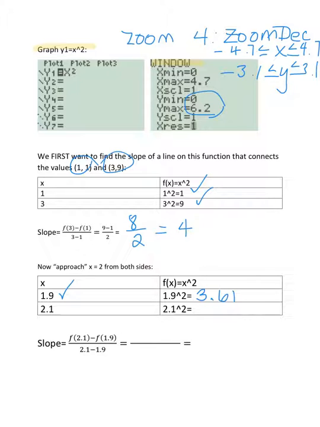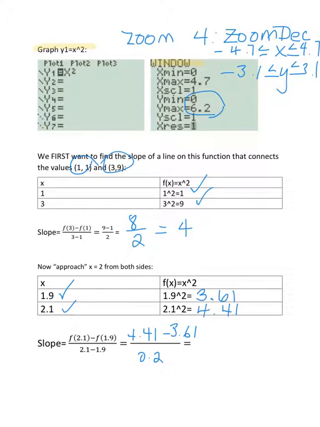And the value of 2.1 squared is 4.41. And so the difference in the y values is 4.41 minus 3.61, and 2.1 minus 1.9 is actually 0.2.